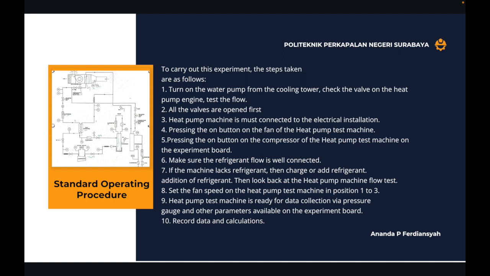Eighth, set the fan speed on the heat pump test machine in position 1, 2, 3. Ninth, the heat pump test machine is ready for data collection via pressure gauge and other parameters available on the experiment board. Tenth, record data and calculation.